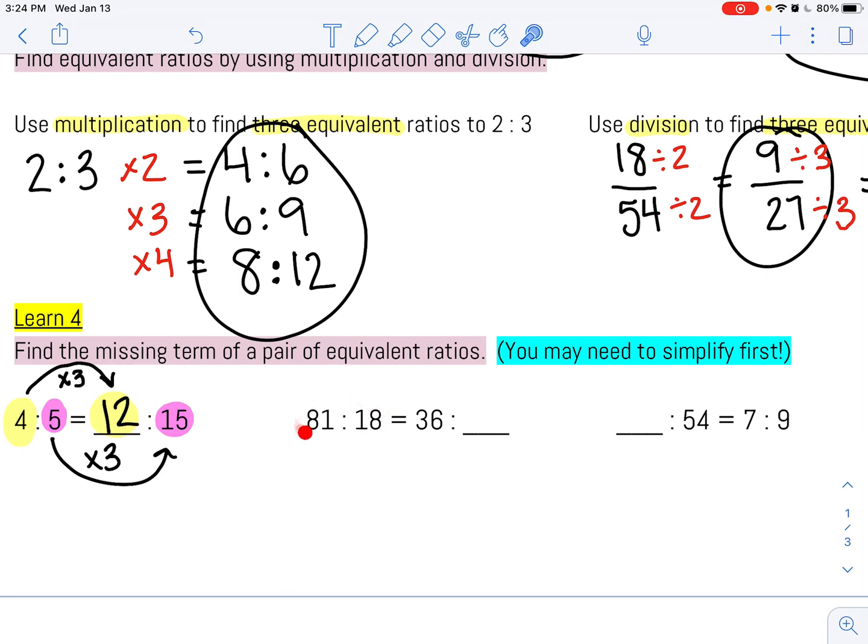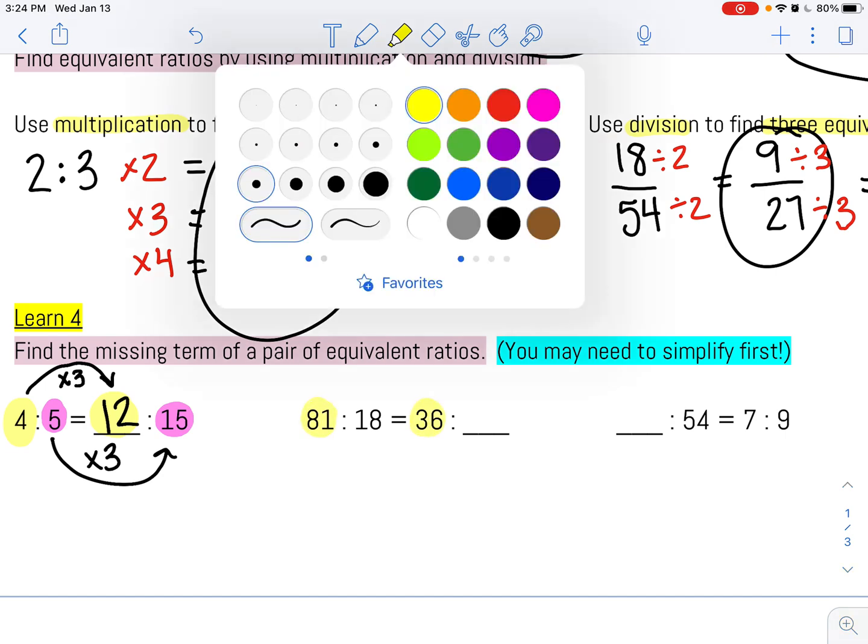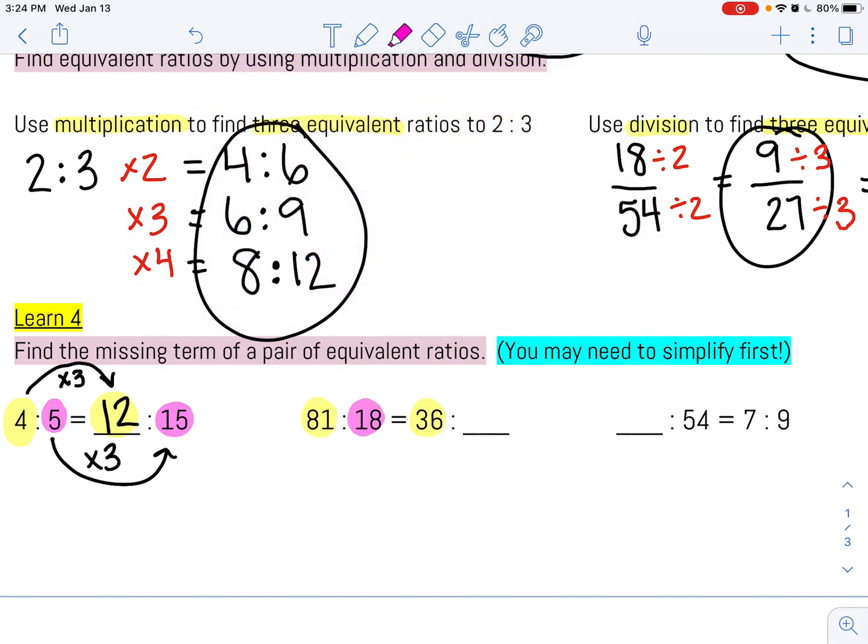So I'm given 81 to 18 is equal to 36 to some unknown number. I'm going to highlight and match my terms. So I have 81 to 36 and 18 to some mystery number. I want to make sure that I simplify when I can.